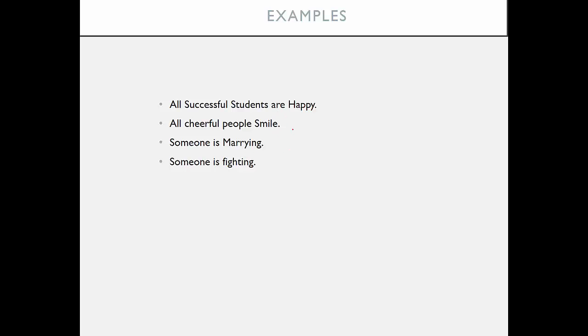If we have to represent A1 as a successful student, let us represent it with this, SU student, like this. Or you can represent it any way. I'm just representing it like this. So A1 is a successful student. Then according to this statement, he is going to be happy.